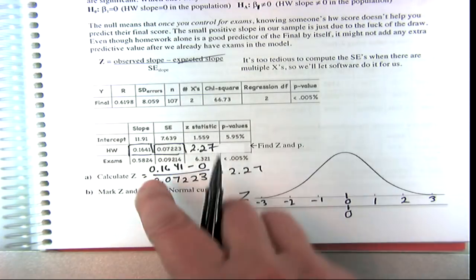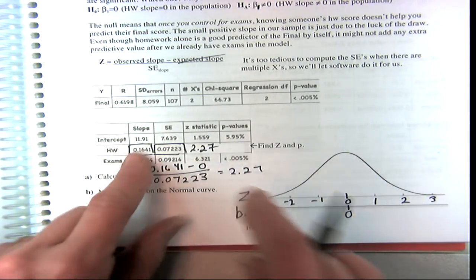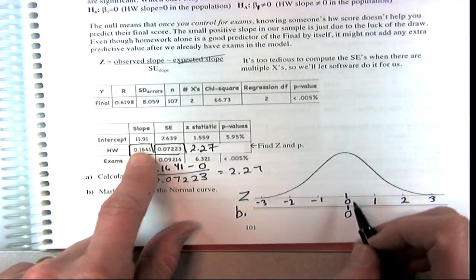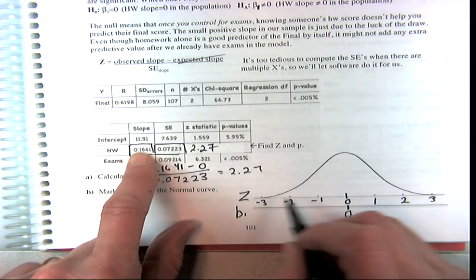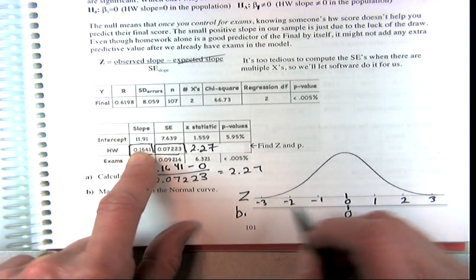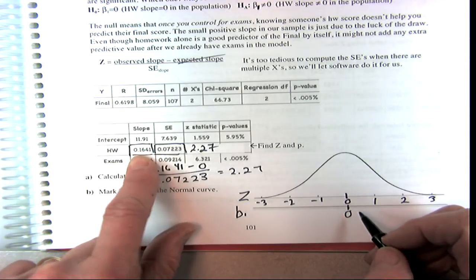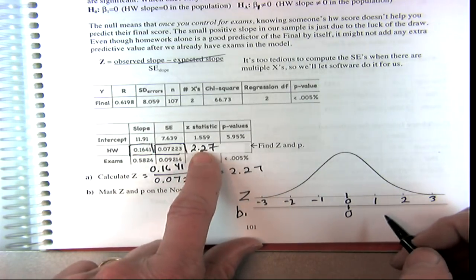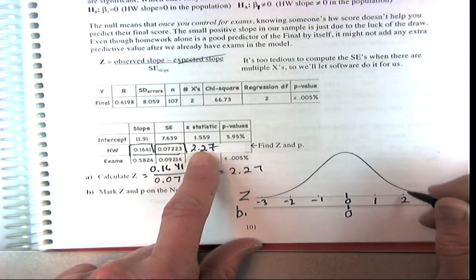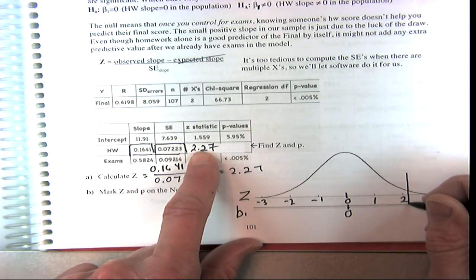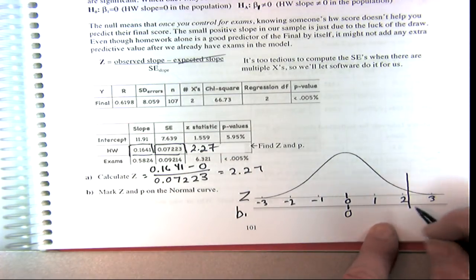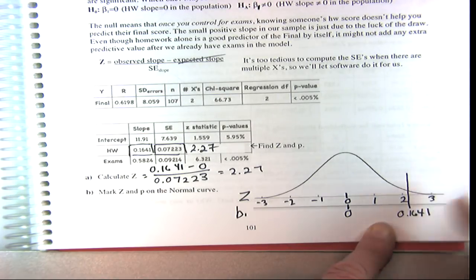So we saw that there's our tiny little slope. It looks like a tiny little slope, and you don't know where that falls until you translate it into a z-score. And now we know that it's right here. So it's quite unusual to get that tiny little slope of 0.1641.